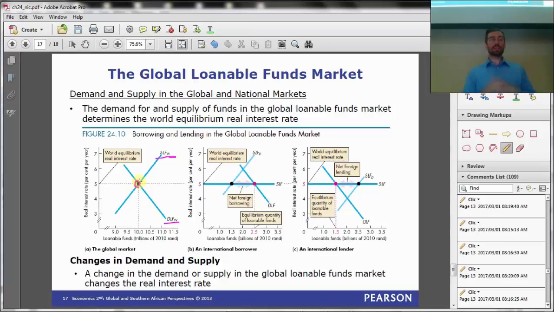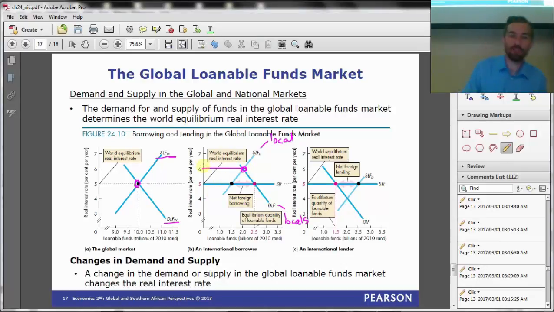But in any particular market, what might we have? Well, in our own local market, the supply of loanable funds, which is just by locals, and the demand for loanable funds, just by locals, might give us some equilibrium interest rate, say 6%, okay?